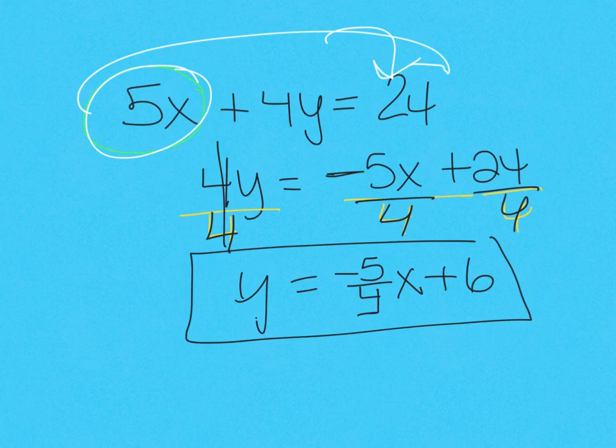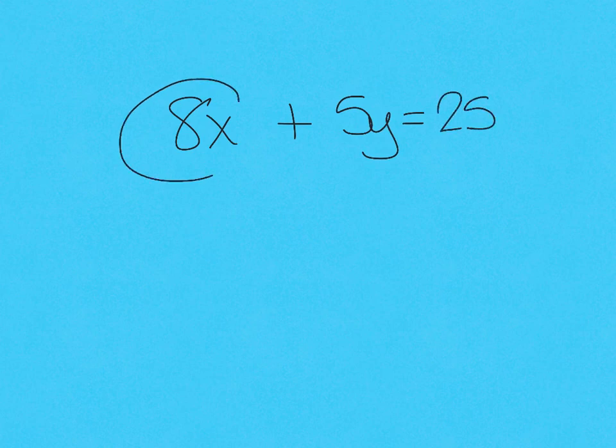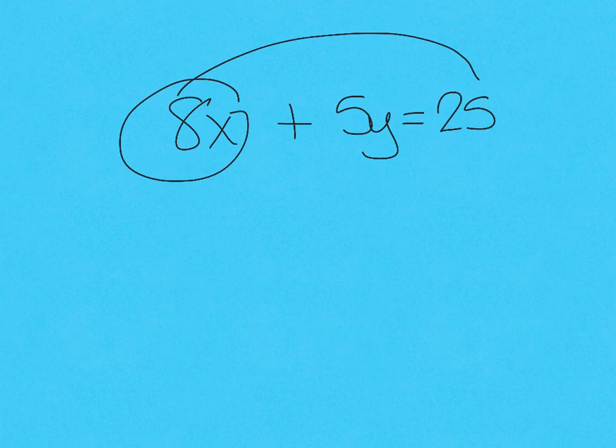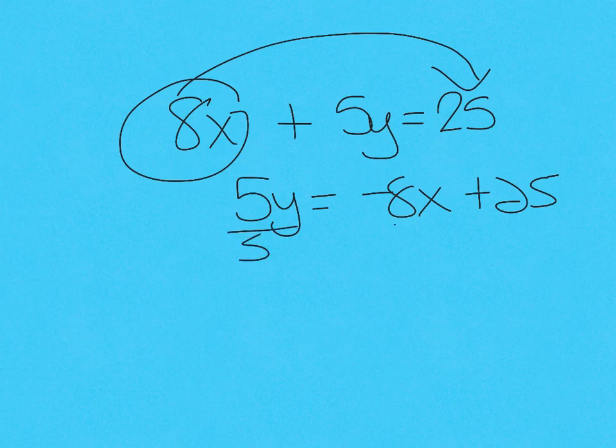Okay, all right, let's try another. What if I have 8x plus 5y equals 25? Move this to the other side. Do the opposite, so 5y equals negative 8x plus 25. All right, and then we're going to divide everything by 5.